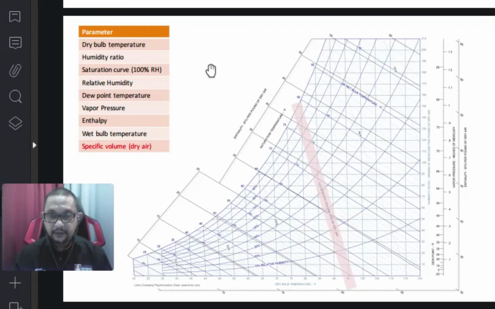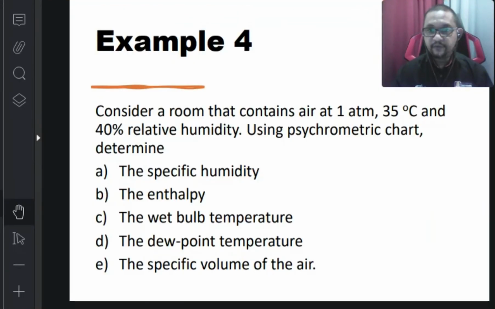So to understand more on this, let's see an example using the psychrometric chart. Example number 4. Consider a room that contains air at 1 atm, 35 degrees Celsius, and 14% relative humidity.